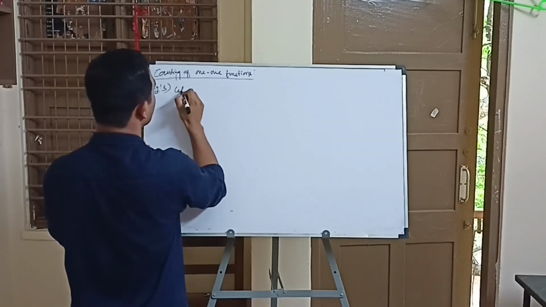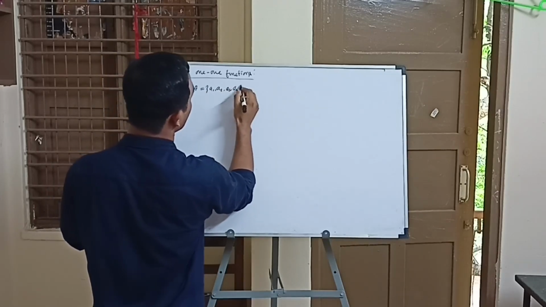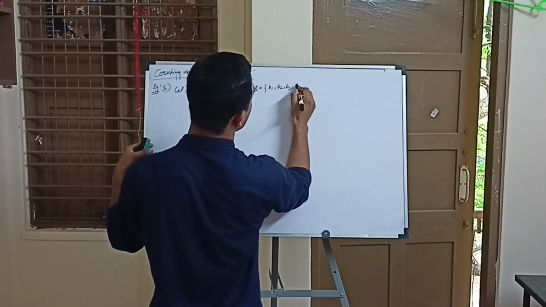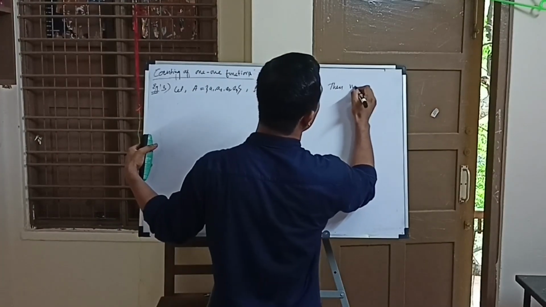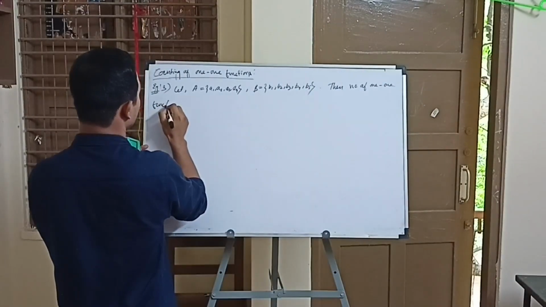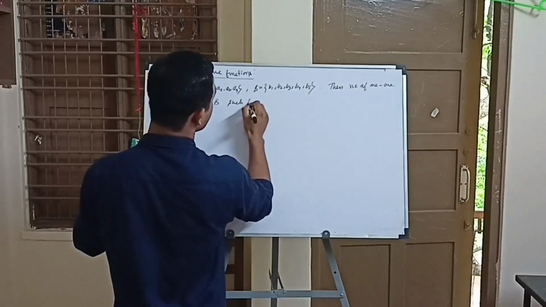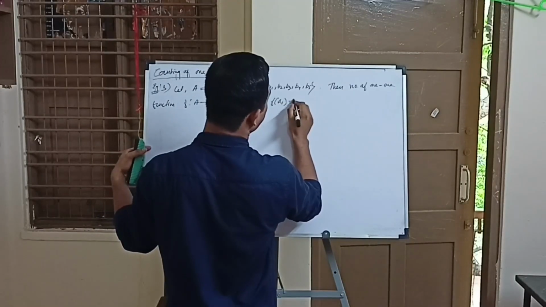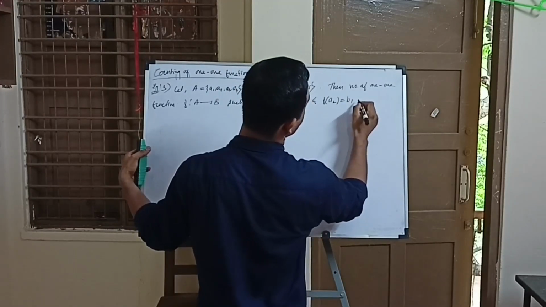Example 3. Let A be the set A1, A2, A3, A4. B is the set containing 5 elements B1, B2, B3, B4 and B5. Then the number of 1-1 functions from A to B such that f of A1 cannot be B4 and f of A2 is B1.